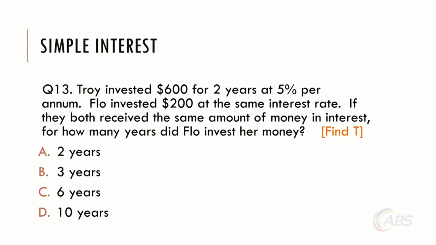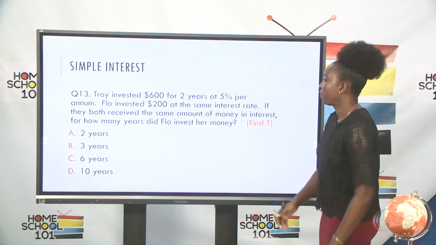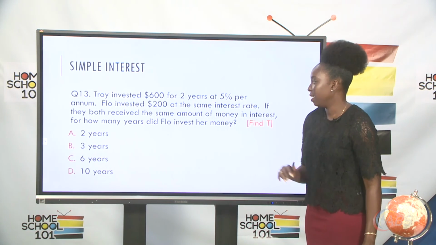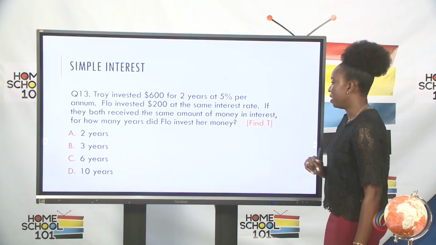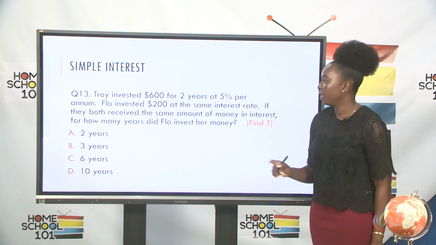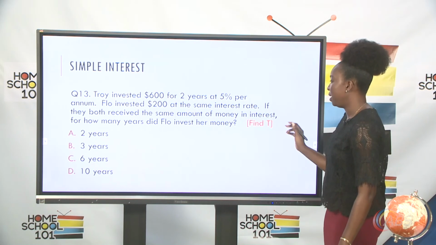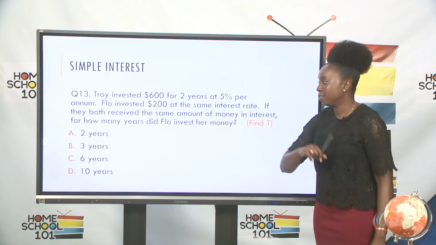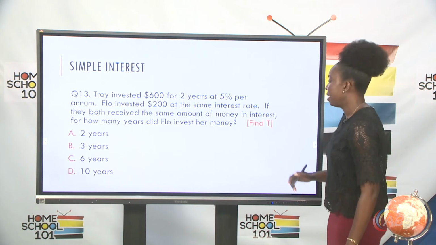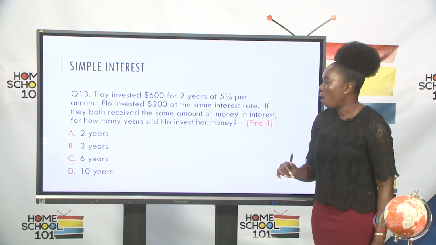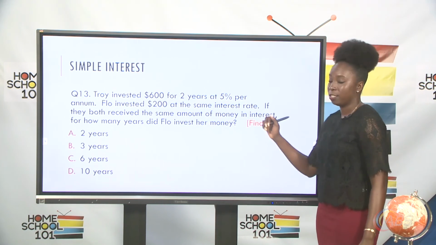That was a long one. Oh my goodness. Let's read it again. Troy invested $600 for 2 years at 5% per annum. Flo invested $200 at the same interest rate. If they both receive the same amount of money in interest, how many years did Flo invest her money?